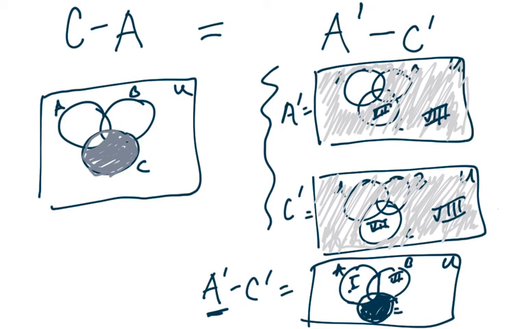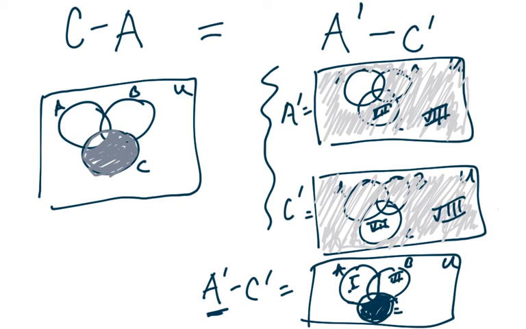So based on this, we started with a general case. These represent any 3 sets in a universal set. We didn't say specific numbers, or values or elements, that were in them. We just said, here's a general set A, B, and C. Let me find C minus A. Let me find A complement minus C complement.